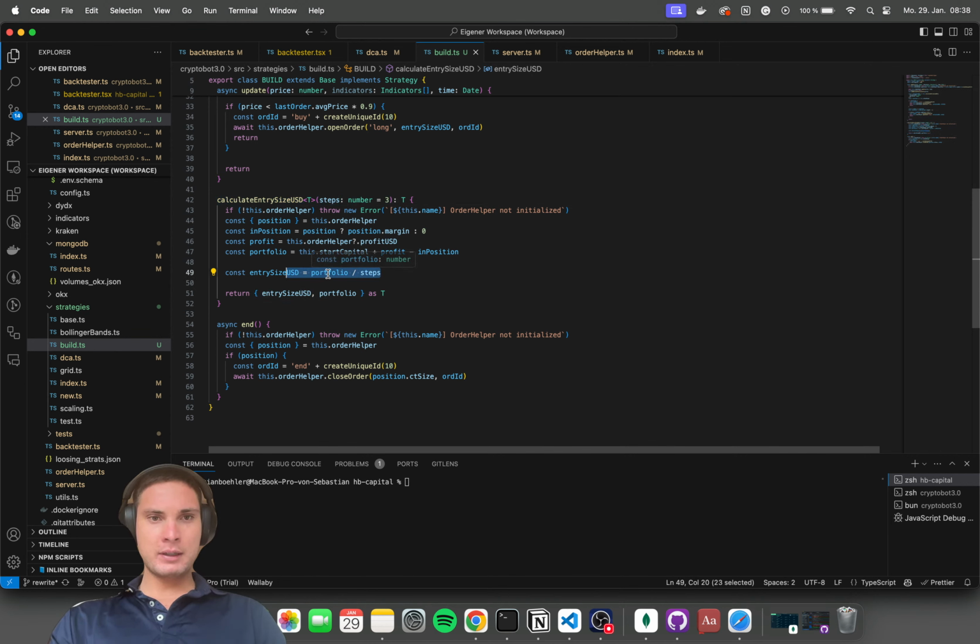And our available capital portfolio is the start capital defined in the strategy here, plus the profit we already realized from our position, minus the margin in the position. So that's of course not available capital, so we reduce it by that.